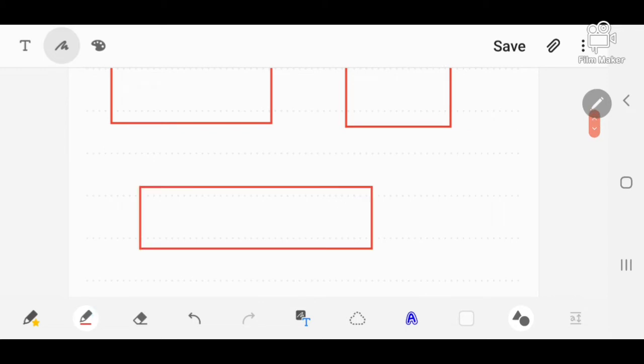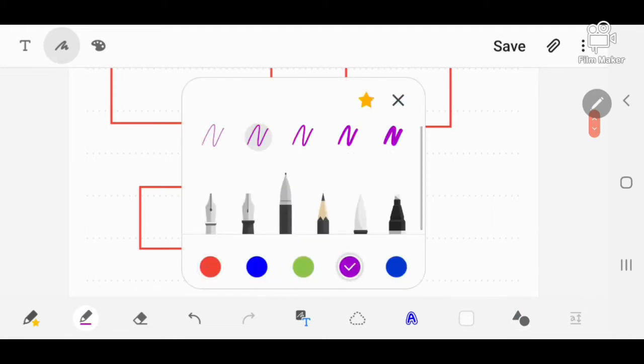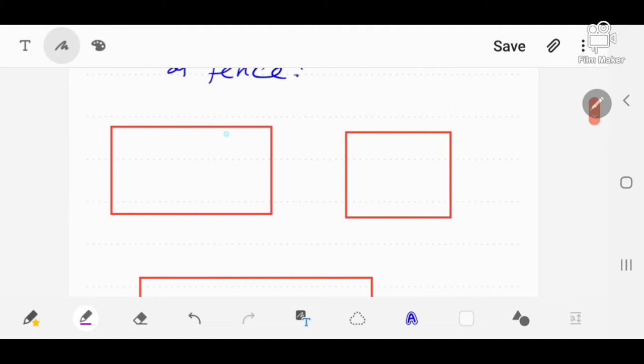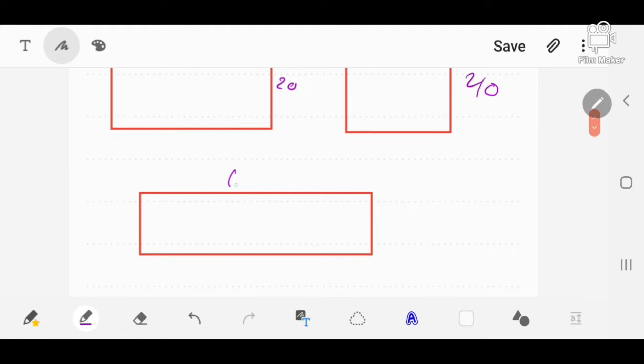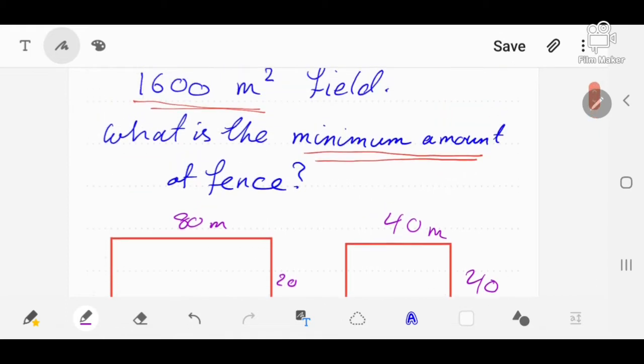I may have many suggestions actually, and let's say that you told me, why don't you use 80 meters by 20 meters? And someone else may tell me, why don't you use 40 meters by 40 meters? What about 160 meters by 10 meters? All of these will give me 1,600 meters squared.